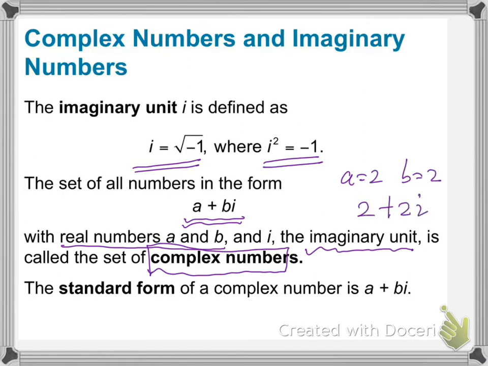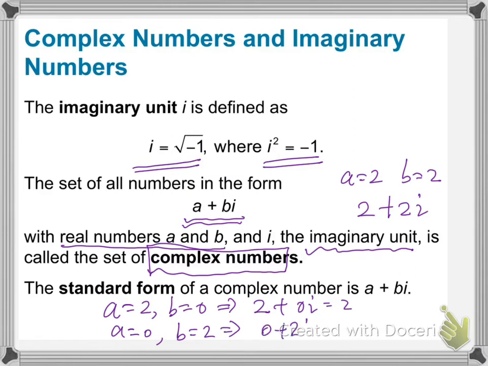If a is 2 and b is 0, then we have 2 plus 0i. 0 times anything is still 0, so this is 2. If a is 0 and b is 2, then we have 0 plus 2i, which is 2i.